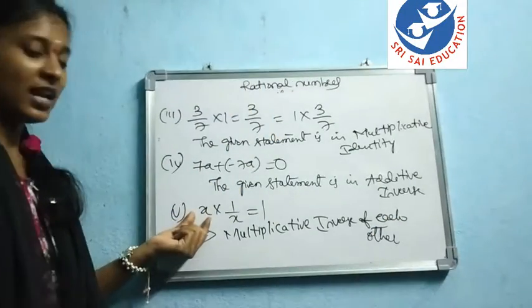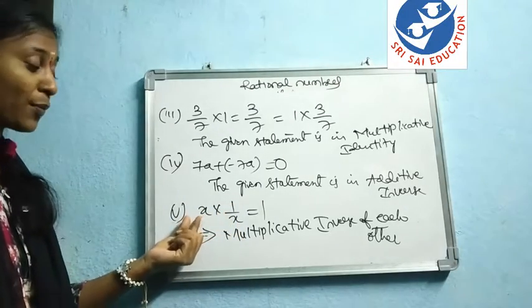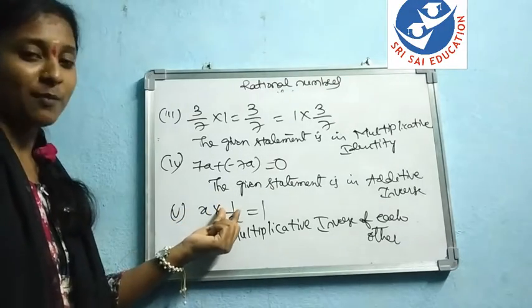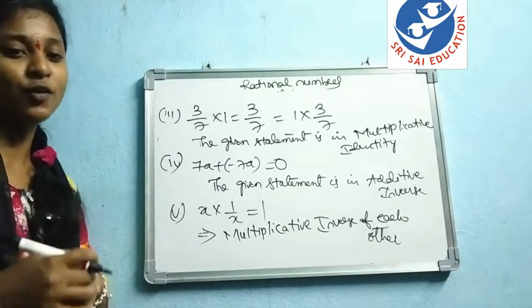The product of a number and the reciprocal of that number gives 1. Then that statement is multiplicative inverse.